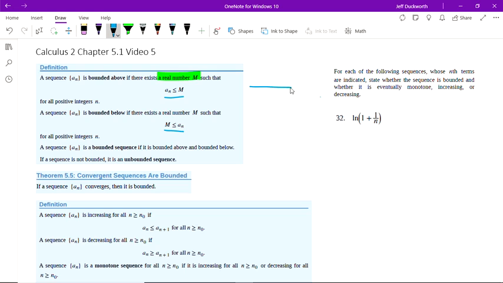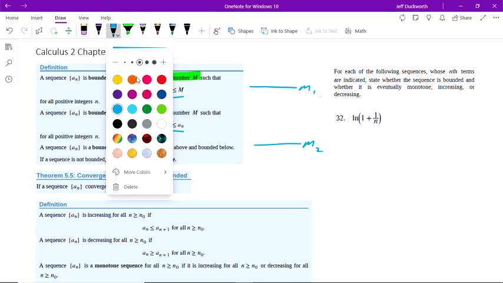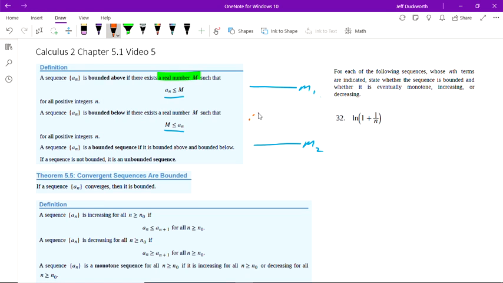So I'll put an M1 here, and I'll put M2 here. And if our sequence looks something like this, and it goes on forever and makes kind of a sine or cosine pattern, you're going to have a bound. We can shrink those to be up here and down here.